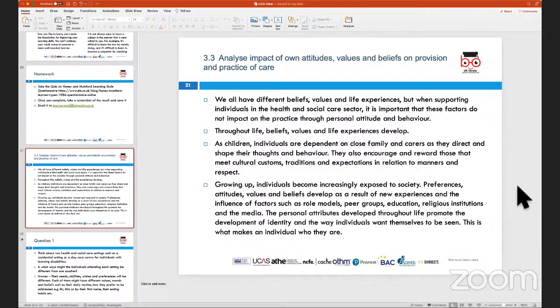What kind of requirements and expectations you are able to meet because of the attitude, values, and belief that you bring to the place of work.